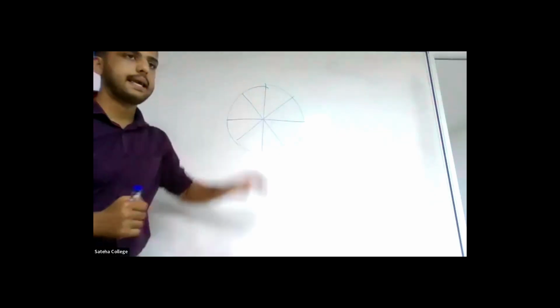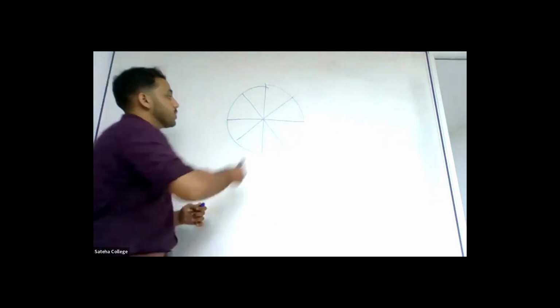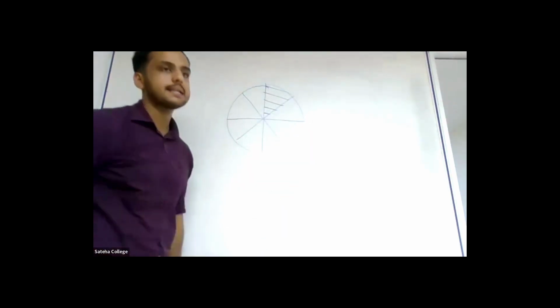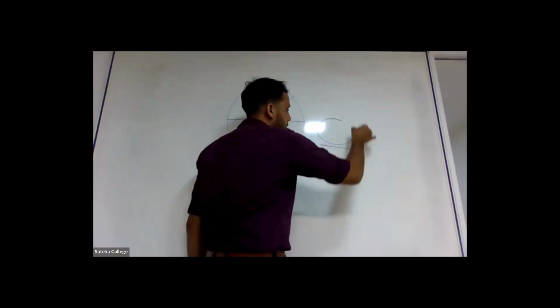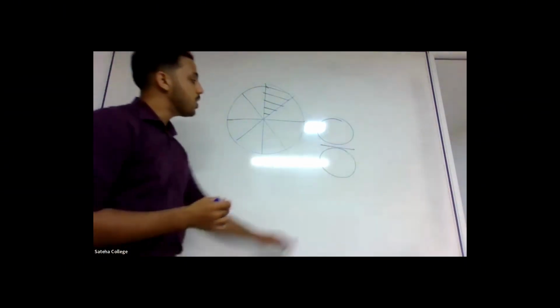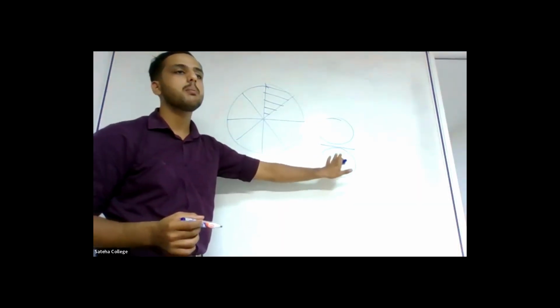Let's say this is a cake, and we are cutting the cake into 8 equal parts. A part of this cake can be represented as a fraction. In a fraction, you have two parts: the numerator and the denominator. The denominator is always the total number of parts.